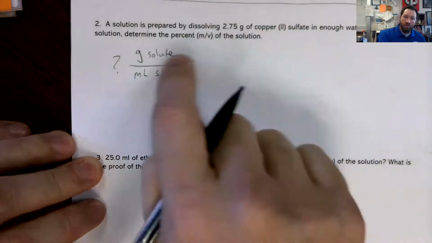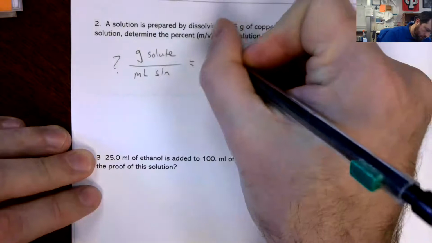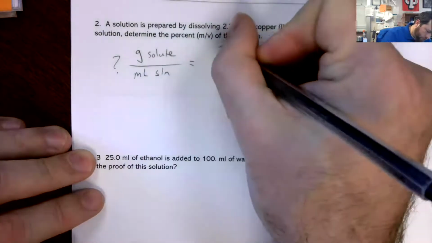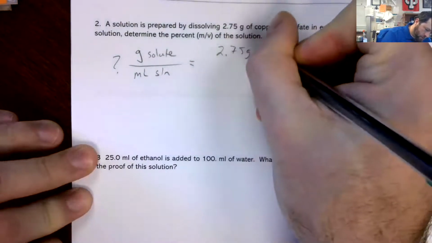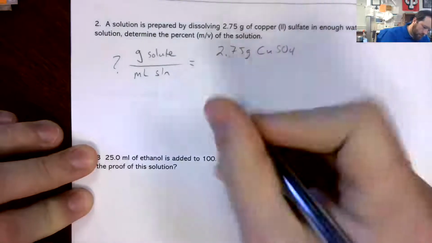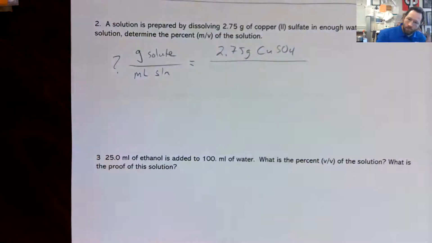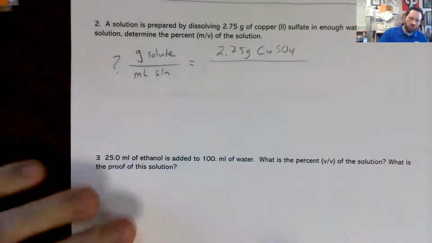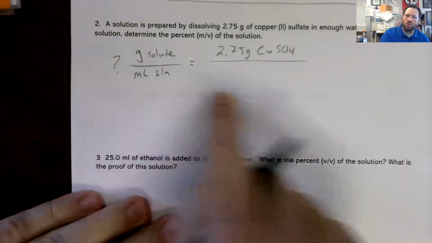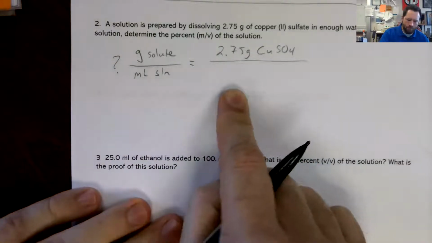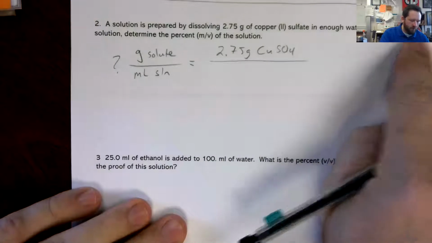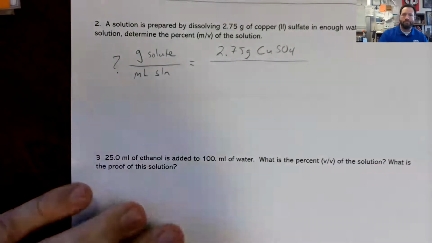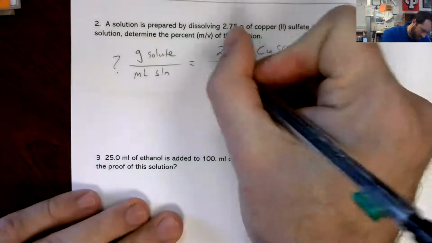So that's our mass of solute. Well, hey, if we're looking for that on top, might as well put that right on top. There's our 2.75 grams copper II sulfate, and we need milliliters of solution down here at the bottom. Look at that, 75 milliliters of solution. They gave us everything right there.